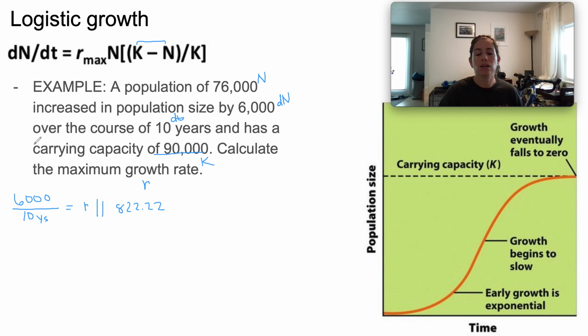11,822.22. And now let's go look at our other side, our dN over dt, which is 6,000 divided by 10, which is 600. So let's replace that.